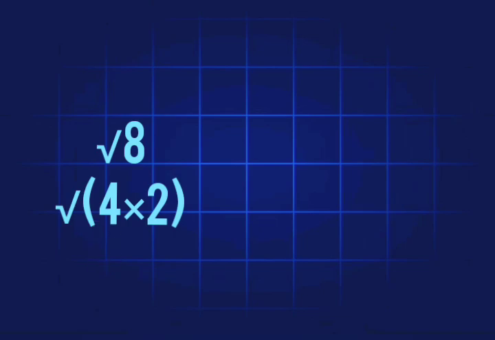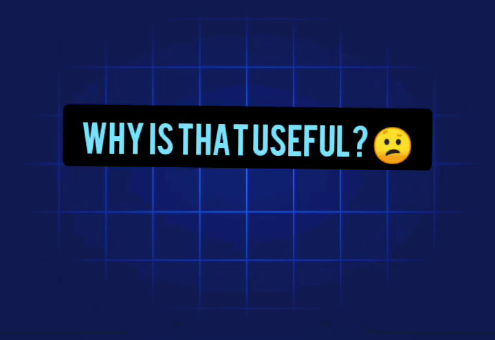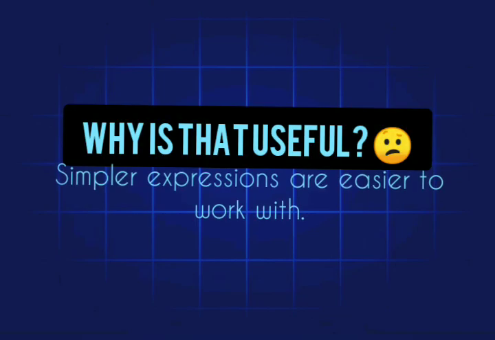So the square root of 8 can be separated into the square root of 2 multiplied by the square root of 4. But if we look at that correctly, the square root of 4 is 2. So that's just 2 square root of 2. But why is that useful? Because simpler expressions are easier to work with.